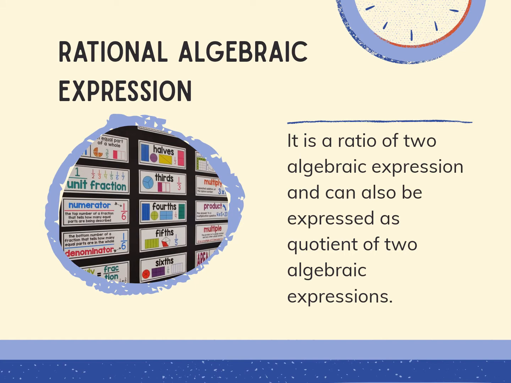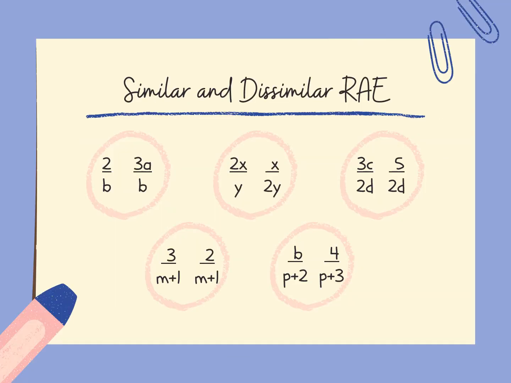We know that a rational algebraic expression is a ratio of two algebraic expressions, and can also be expressed as the quotient of two algebraic expressions in the form P over Q, where P and Q are both algebraic expressions, and Q must not be equal to 0.